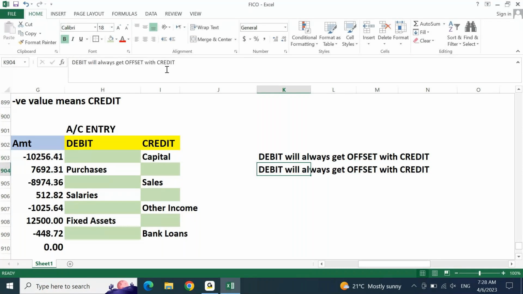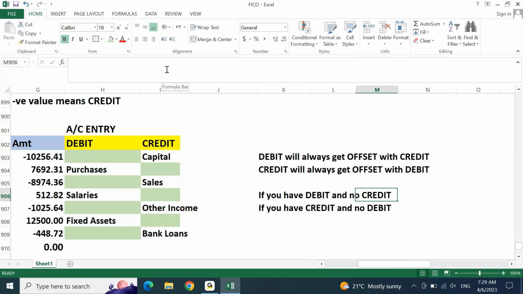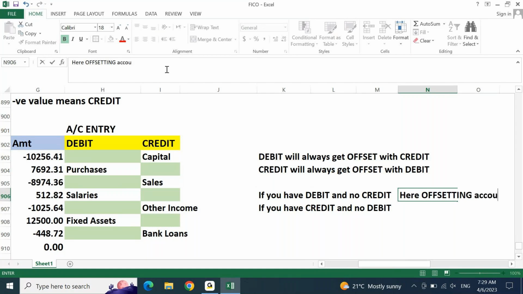Now, debit, here I'll put credit. If you have debit and no credit, and similarly, if you have credit and no debit, here the offsetting account is missing.